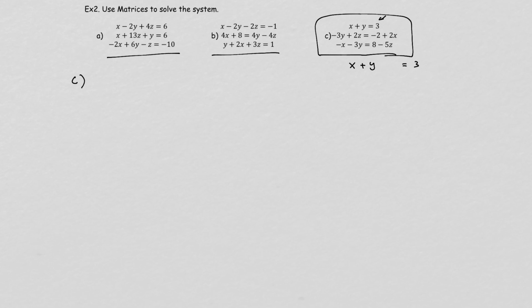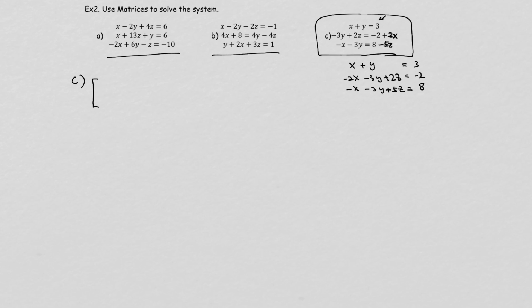And then when I move X to the other side, it will be negative 2X. And I have negative 3Y, and then plus 2Z equals negative 2. And I have X, I have Y, and my Z is on the other side. So when I add it, it will be 5Z on the left side, and the solution will be 8. So I'm going to use that order when I'm creating a matrix.